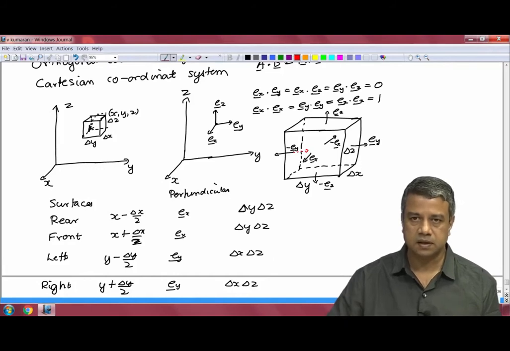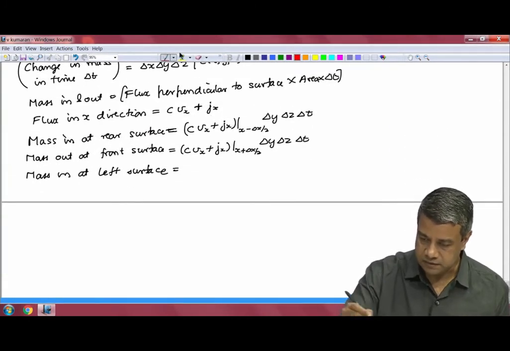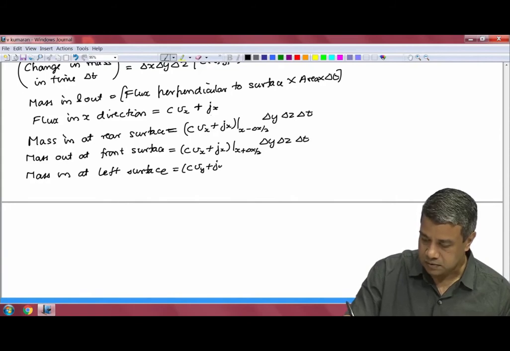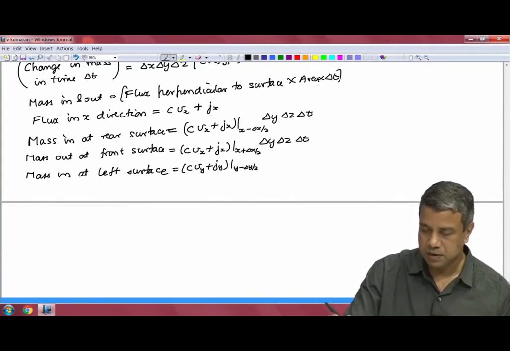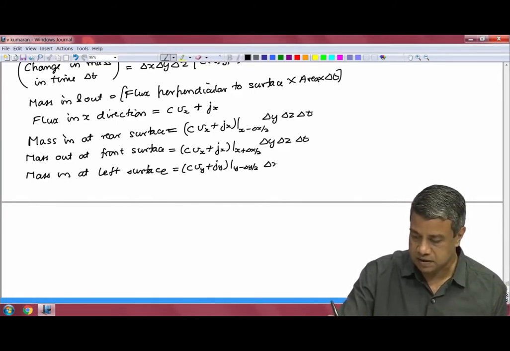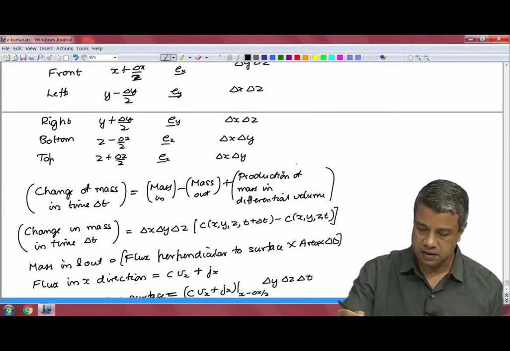So, mass entering at the left surface is going to be equal to the flux perpendicular to the surface, C Vy plus Jy at y minus delta y by 2, into the surface area. Surface area of the left surface is delta x delta z.